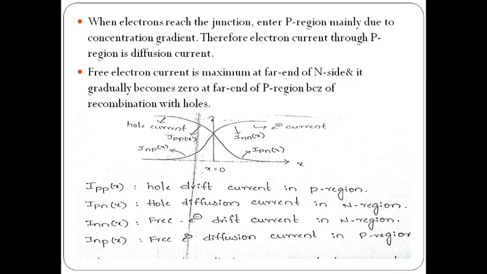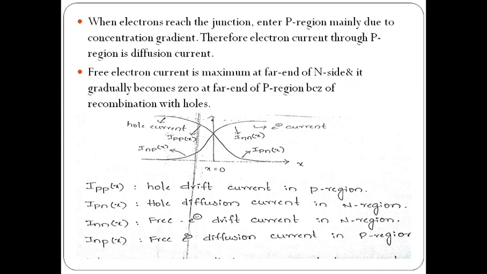Here you can observe the diagram. I mentioned x equals 0, which indicates the junction point. Hole current is represented with I_pp(x). This I_pp(x) is hole current and it is drift current.